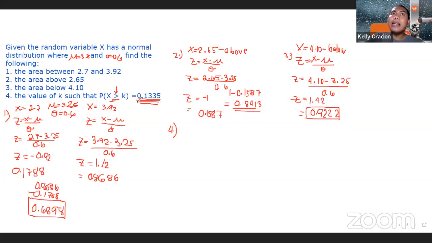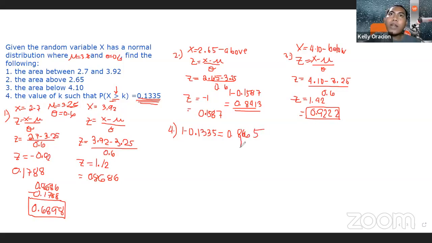This 0.1335 goes through 1 minus because the condition is greater than. So 1 minus 0.1335, the answer is 0.8665.